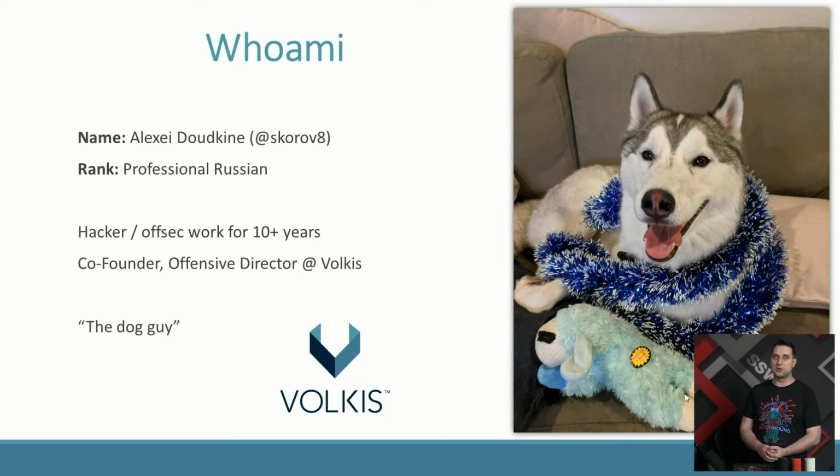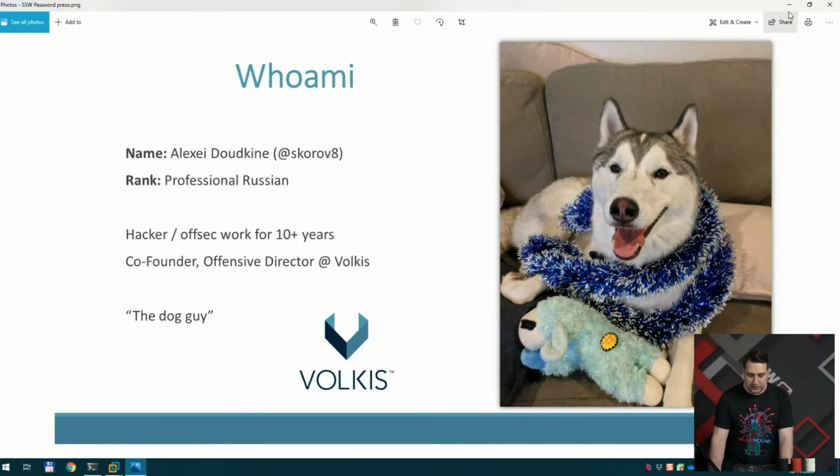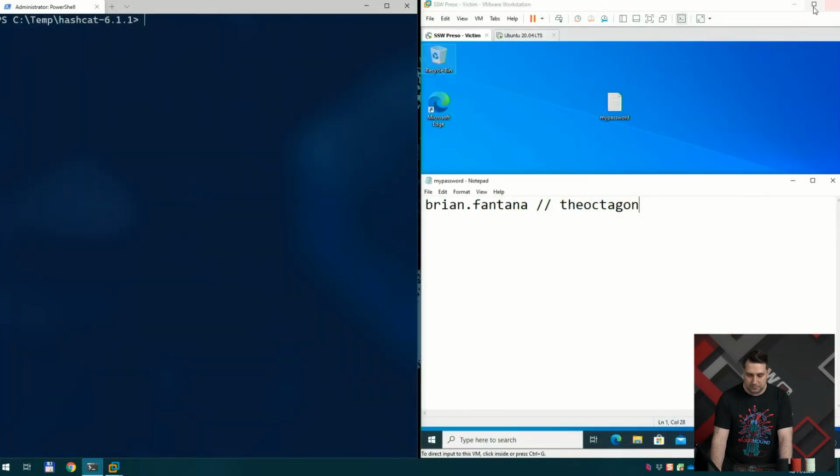At Volkis, we do a lot of penetration testing stuff, offensive security, red team, social engineering, physical intrusion, anything breaking into systems or buildings. I'm also known as that dog guy, and you can see my beautiful fluff ball right there on the screen. So, enough of that, let's dive straight in.